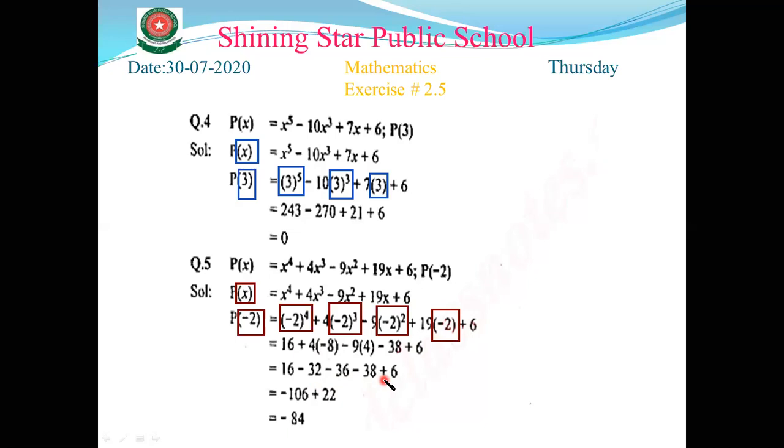Now if we add the minus 32 minus 36 minus 38, it becomes minus 106, and 16 plus 6, 22. Minus 106 plus 22 is 84 with minus sign, because the greater value has the negative sign.